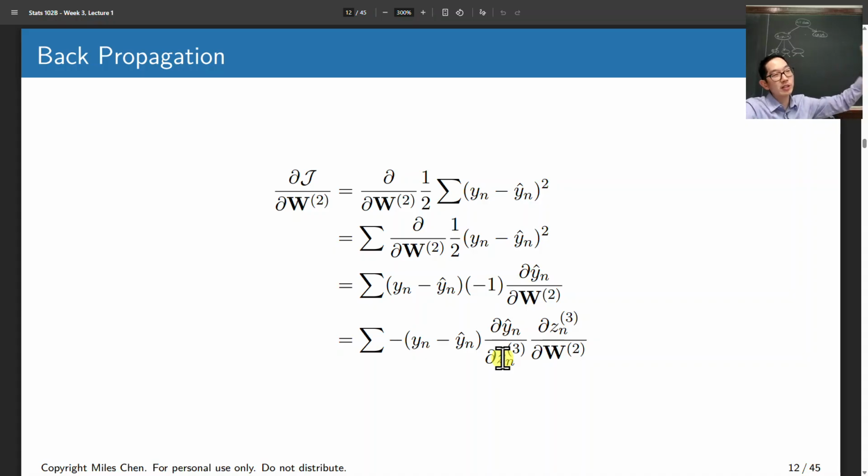That gives me Z, and then I apply an activation function to Z to get my y hat. So I'm going to ask, how does y hat change with respect to that intermediate value Z? And then, how does Z change with respect to any changes in my W2 matrix?